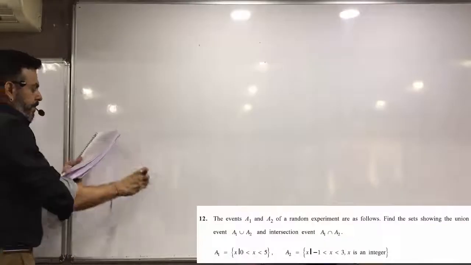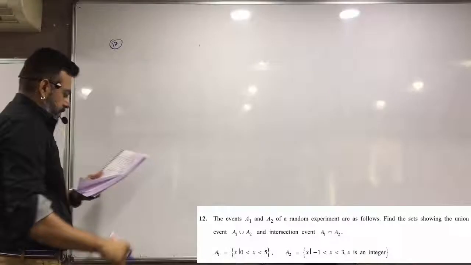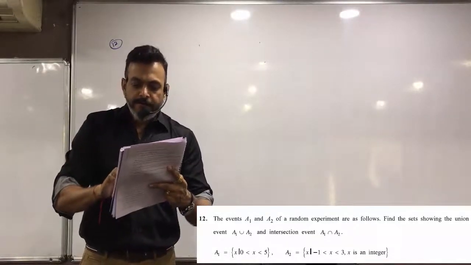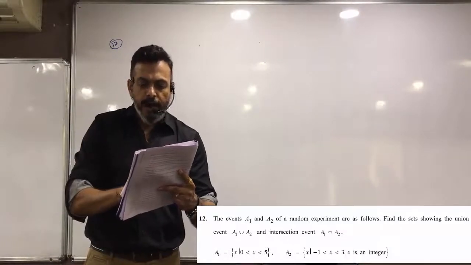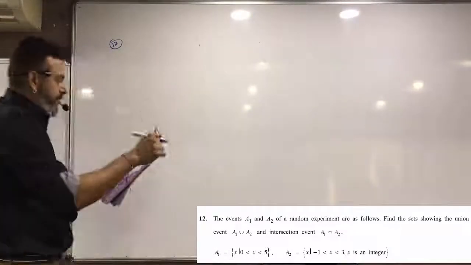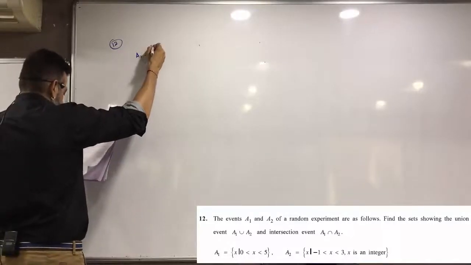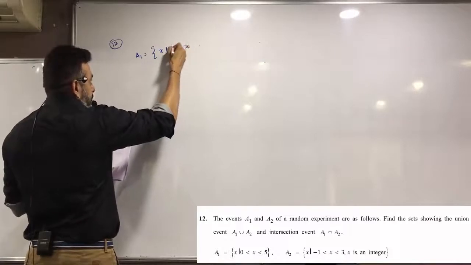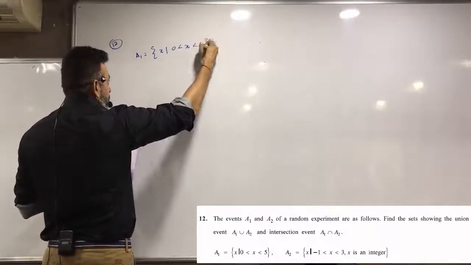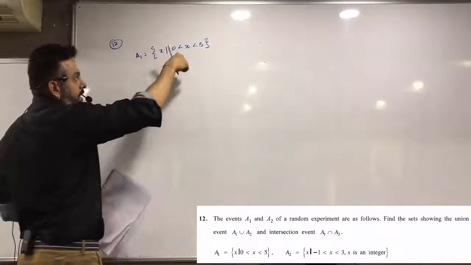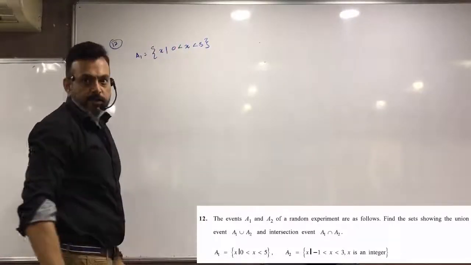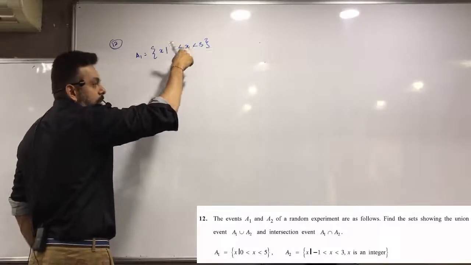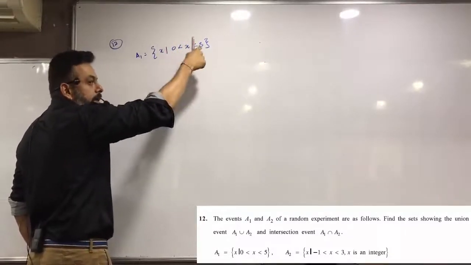That's it. In the 12th sum, the events A1 and A2 of a random experiment are as follows. Find the set showing the union event and intersection event. First, let's write down A1 is X, where X is greater than 0 and less than 5. It means what? यहाँ पे ऐसा दिया नहीं है कि X is an integer. So it will include everything between 0 and 5, but not 0 and not 5.